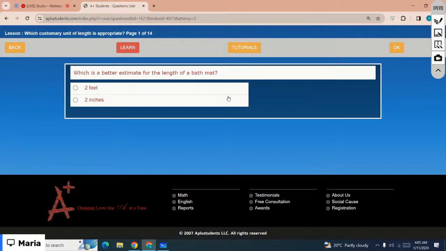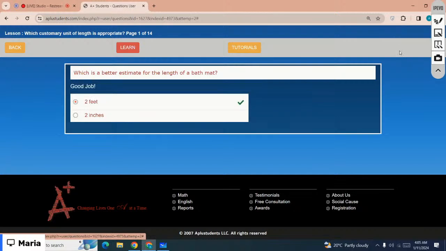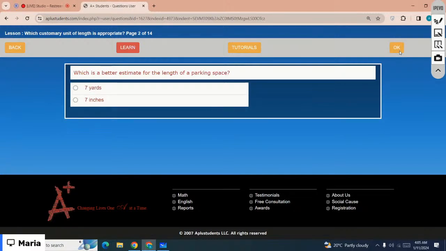It must be 2 feet. The correct option is 2 feet. They are units of measurement. When you measure the length of any object, you use these units.